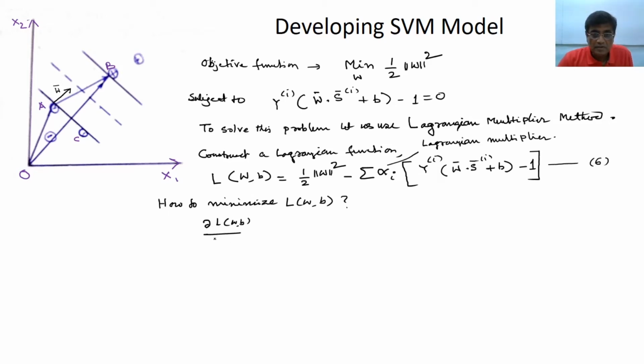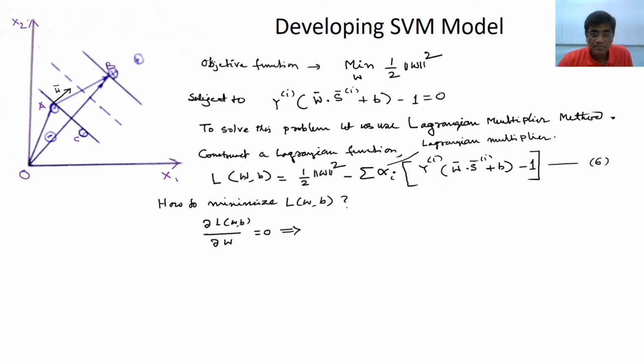So we will first differentiate this with respect to W. Now I am skipping the vector notations for cleanliness of my expressions, but those are vectors. So I am differentiating with respect to W and making it 0 will give me the optimum W, isn't it?